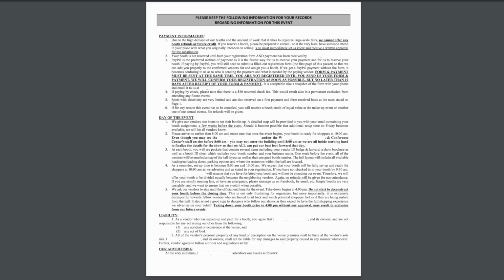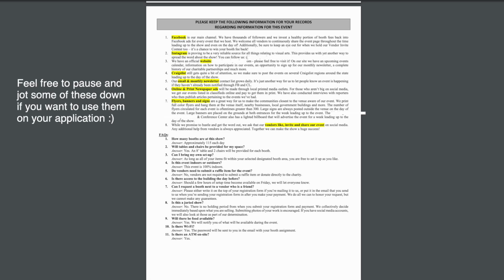You can see here the type of information that we've included is an expanded area for payment information regarding the day of the event. That does not preclude you from having an email sent out for the day of the event. There's a section on liability, another section for our advertising, and then some just general frequently asked questions.